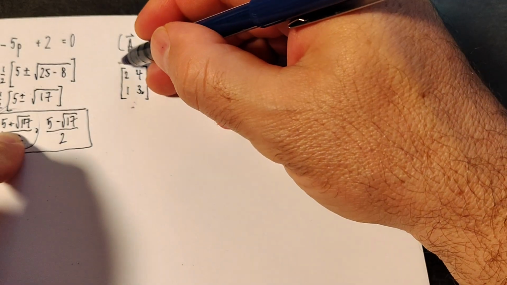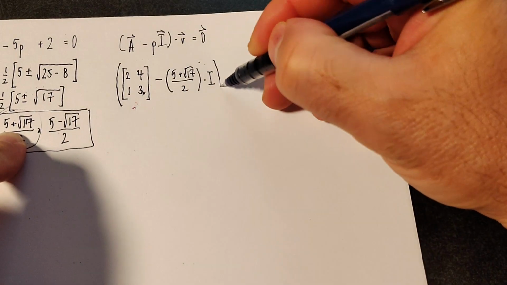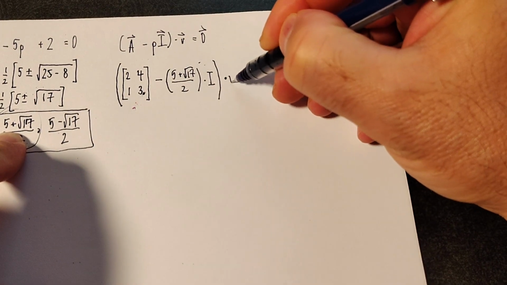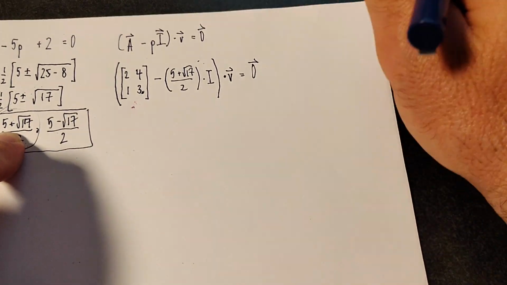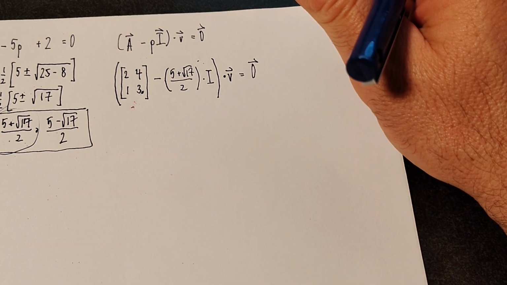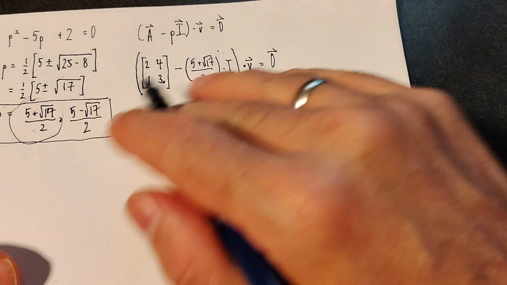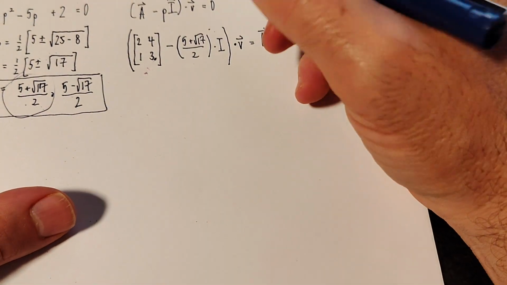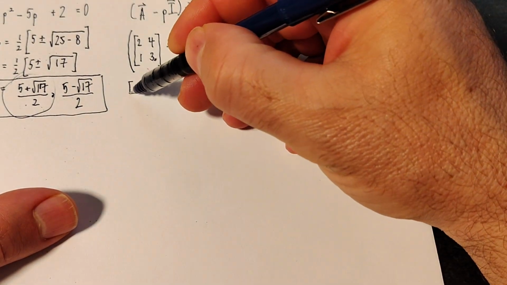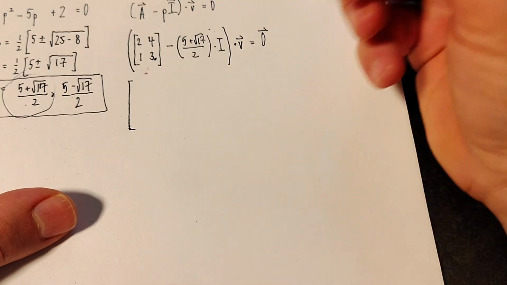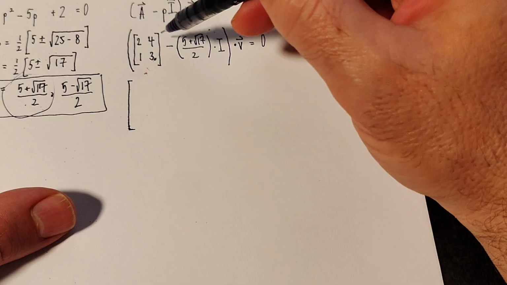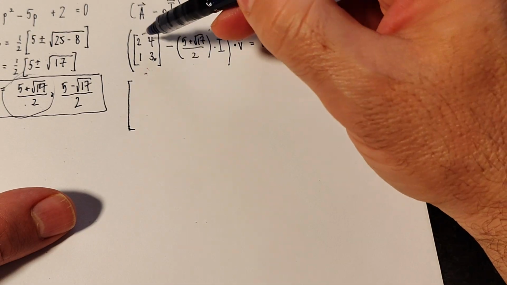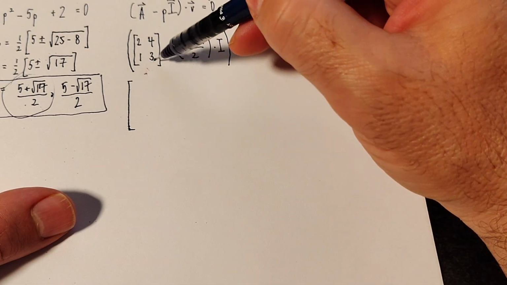And we're going to multiply this by our unknown here, v. And we want this to equal 0. Okay? All right, so what is this going to look like? It's going to look like the following. Since we're doing the identity matrix, we're going to be subtracting this eigenvalue from each of the elements on the diagonal.